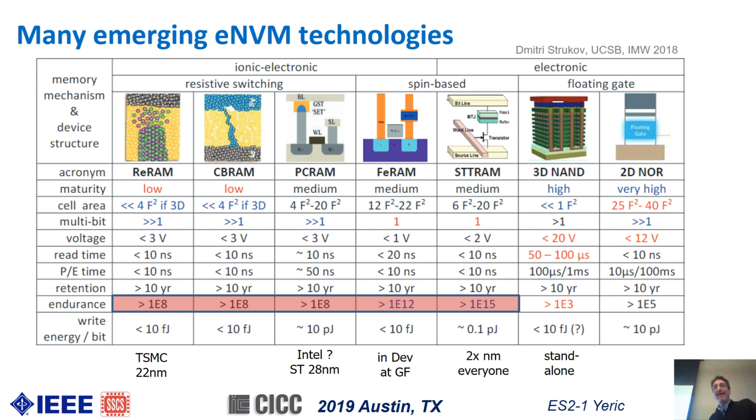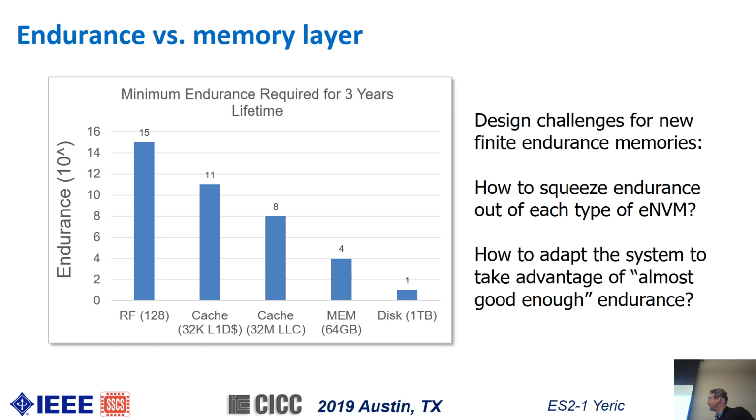But what will be an interesting set of activities going forward is these new memories are going to come in at different nodes. They're going to have different levels of endurance. And the fun we're going to have in circuit design, the opportunity is for a given technology, a particular memory at a particular node, what can we do as circuit designers to get the most endurance possible? And then given that, where can we place it in the hierarchy of things that need endurance?